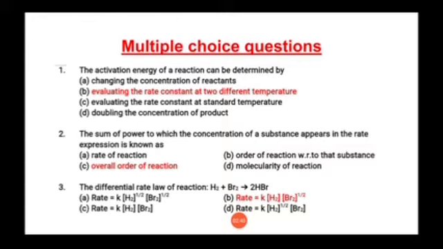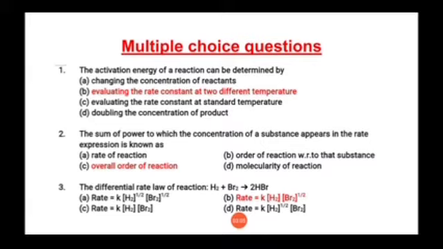So first question: the activation energy of a reaction can be determined by blank. The 4 options are: A, changing the concentration of reactant; B, evaluating the rate constant at 2 different temperatures; C, evaluating the rate constant at standard temperature; and D, doubling the concentration of product.